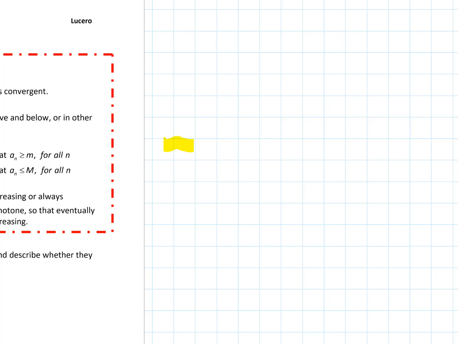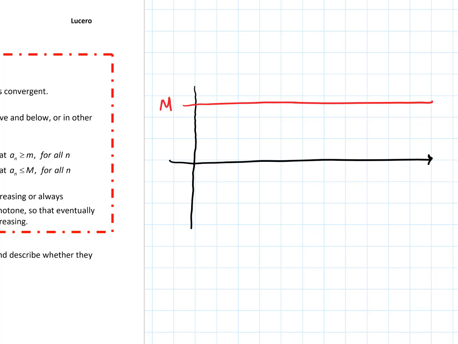So just visually, if we think of our dots here, if we have a sequence, and this, say, is our upper bound, and we have a sequence, and if it's always increasing, never going above that bound, we call this a monotonically bounded sequence.